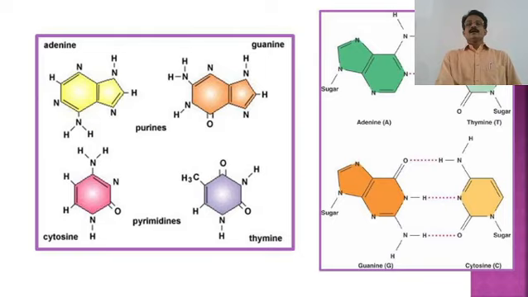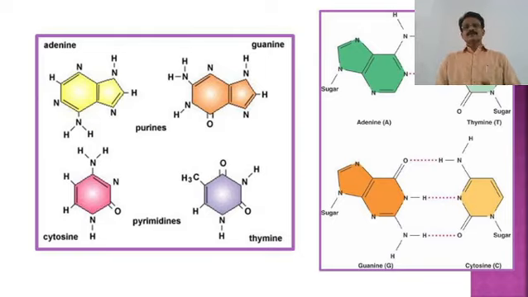On the outer side, as I had already told you, the phosphate and the deoxyribose pentose sugar form the backbone. On the inner side, these bases form bonds with one another. So the purine adenine always pairs with thymine with two hydrogen bonds, while guanine pairs with cytosine with three hydrogen bonds.